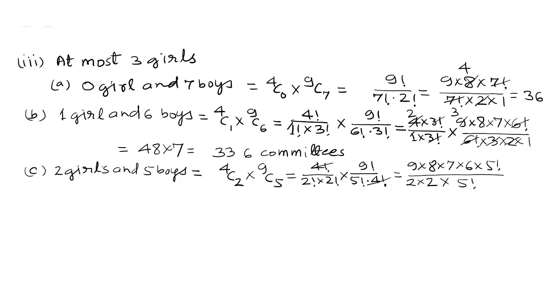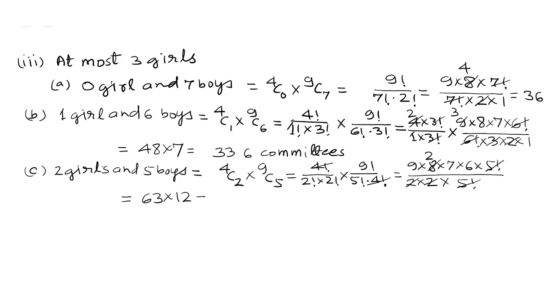So we cancel the 5 factorial of the numerator by the 5 factorial of the denominator, and we cancel 2 into 2 of the denominator, which is equal to 4, which cancels 8 for 2 times. So this is equal to 9 times 2 times 7 times 6. So we write 9 multiplied by 7 is 63 and 2 multiplied by 6 equals 12.